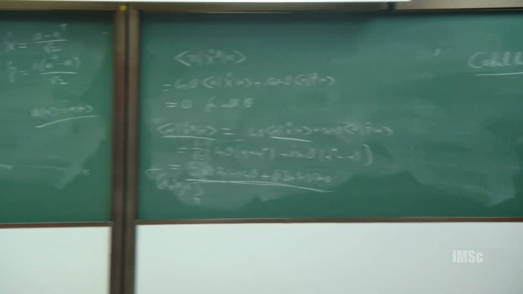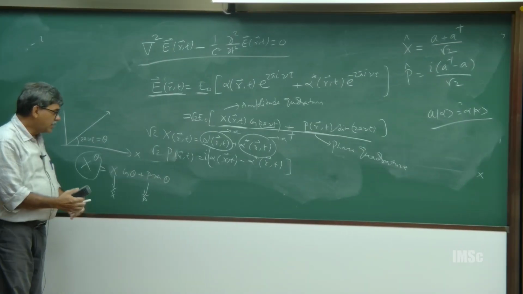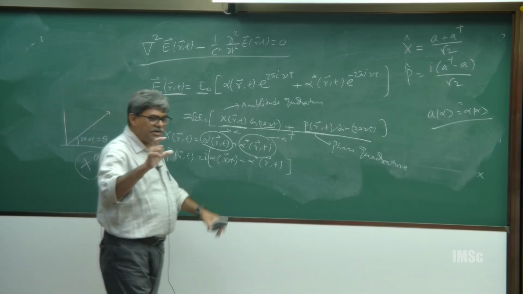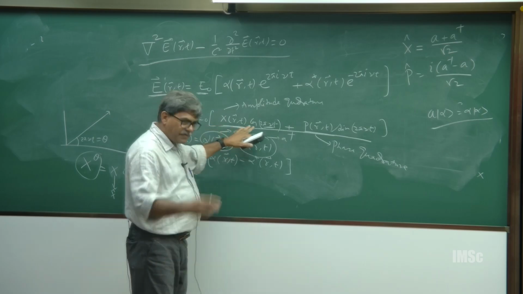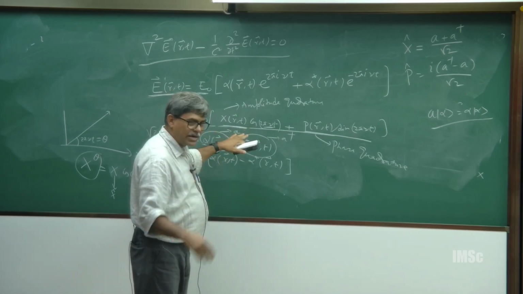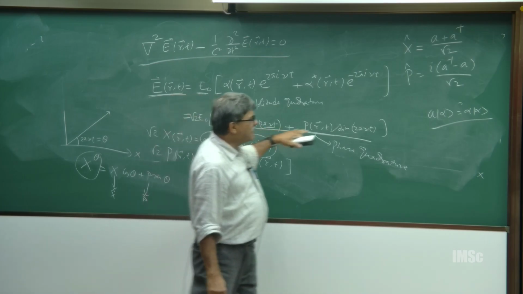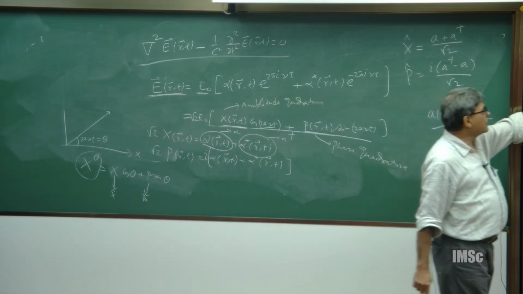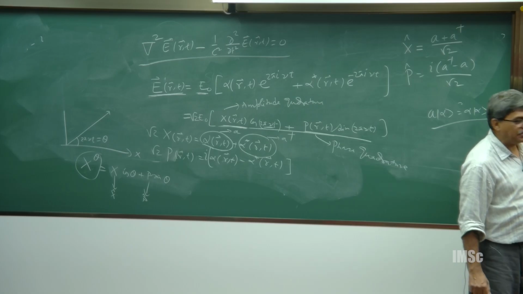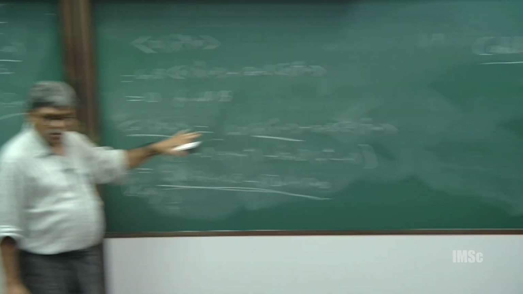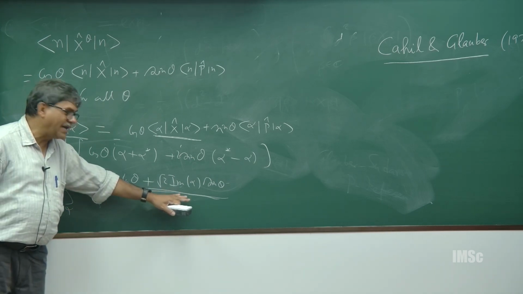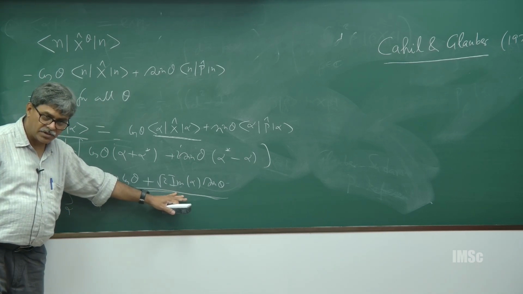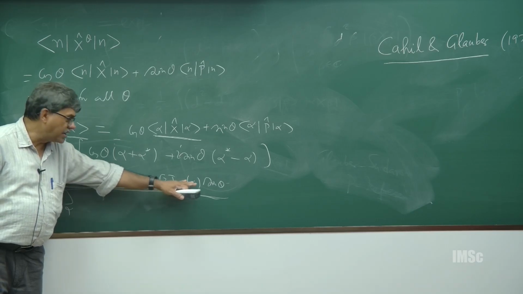Once again, like the discussion we had in the last part, this x theta. What I said is that if I take a number state, then these quadrature operators at some angle, it does not matter what angle you take, the average value of the corresponding quadrature observable with respect to the number state does not capture it, because it is independent of theta. On the other hand, if I take the average value with respect to a coherent state, it captures it, because this is the classical value of the quadrature observable, and it is theta dependent also.